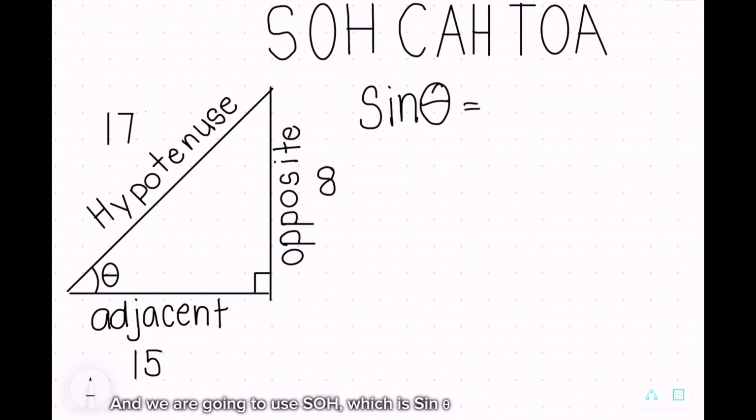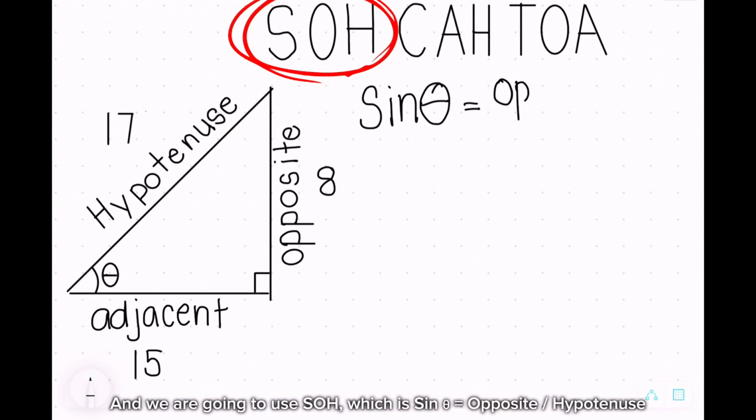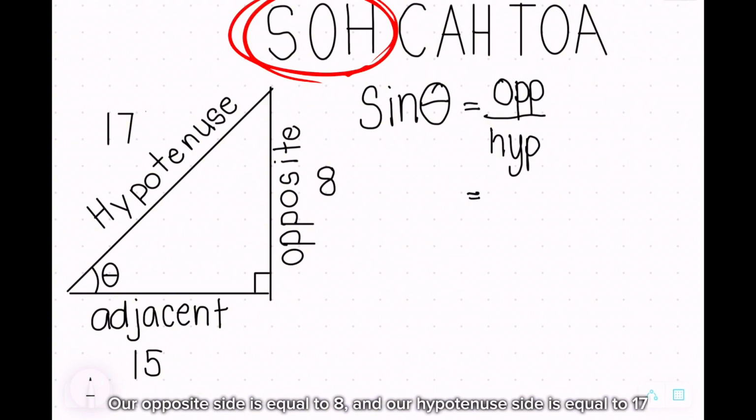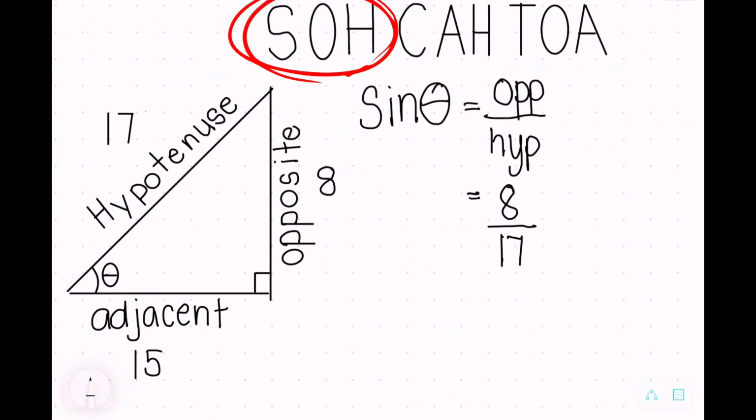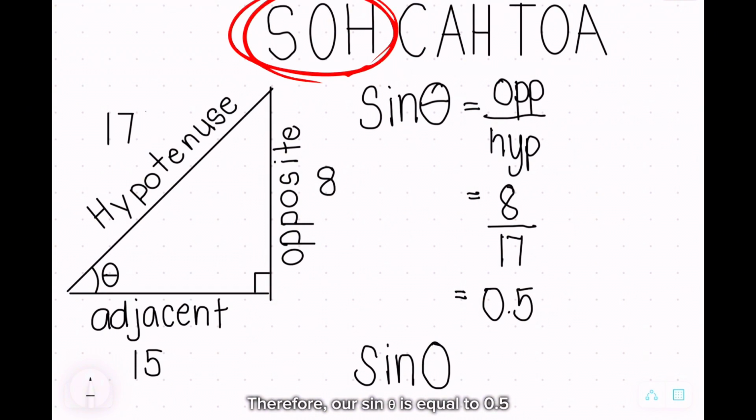We are going to use SOH, which is sine is equal to opposite over hypotenuse. Our opposite side is equal to 8 and our hypotenuse is equal to 17. If we divide 8 by 17, the answer would be 0.5. Therefore, our sine theta is equal to 0.5.